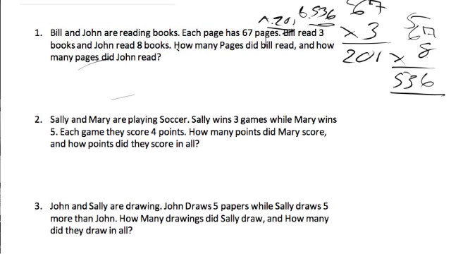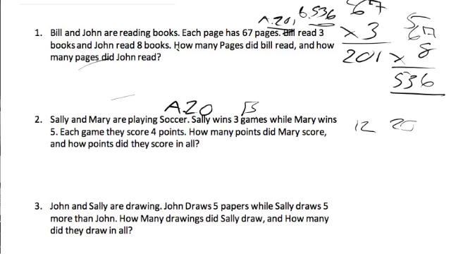Okay. Sally and Mary are playing soccer. So let's see this. Sally wins 3 games. So 3 times 4 is 12. And then Mary wins 5. So 4 times 5 equals 20. So 20 is the answer to the first one.